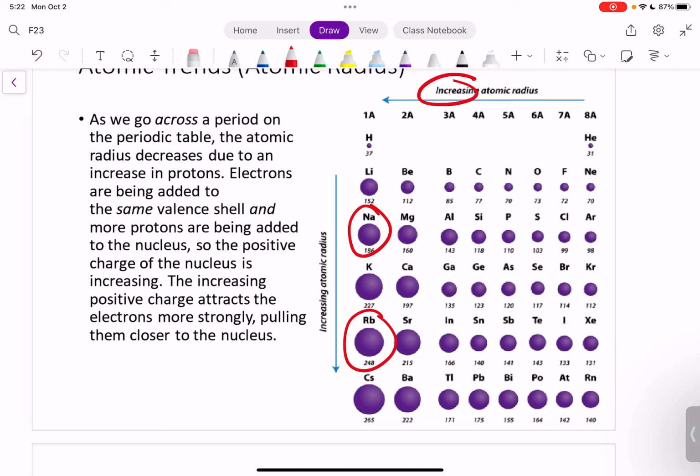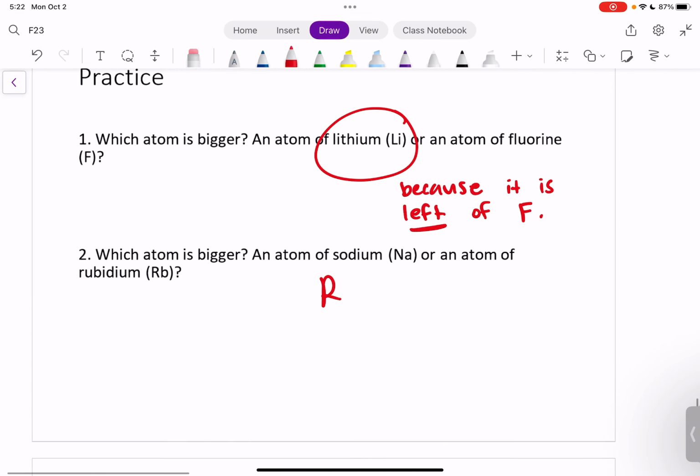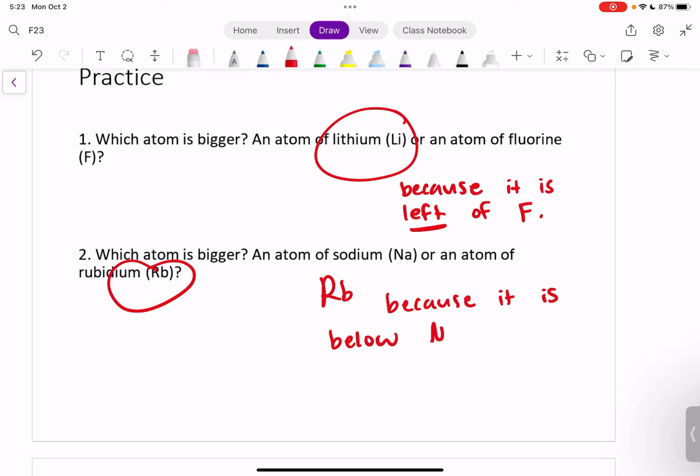So as we would expect, rubidium is going to be bigger, right? Going down the periodic table, we're getting bigger and bigger. So rubidium, being lower than sodium, is larger. So rubidium, because it is below sodium.